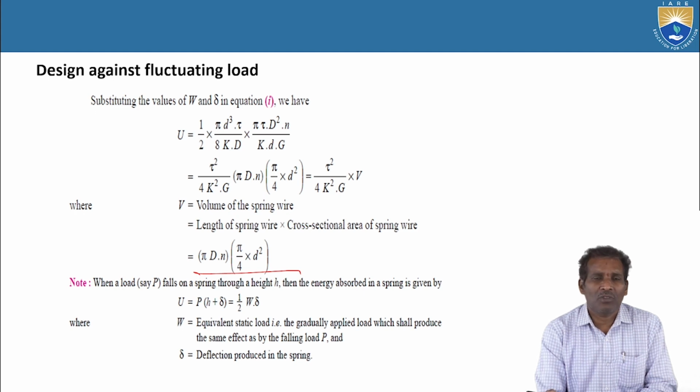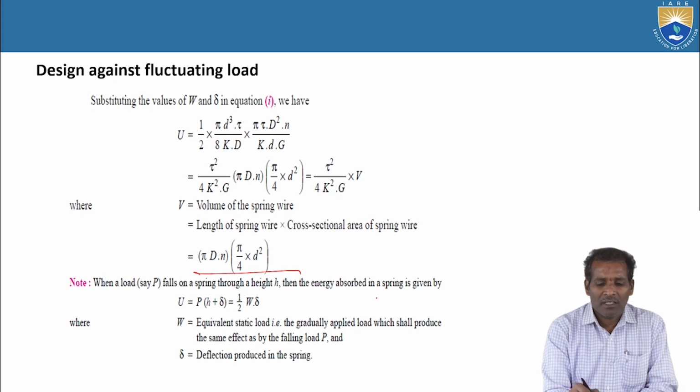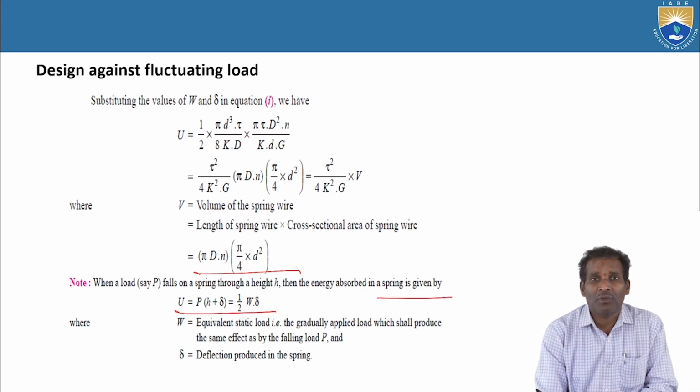When a load falls on a spring through a height, that is known as impact load. When the spring is subjected to impact load or sudden load, the energy absorbed in the spring is given by U is equal to P into (h plus delta), which is half, 1 by 2 multiplied by W into delta.